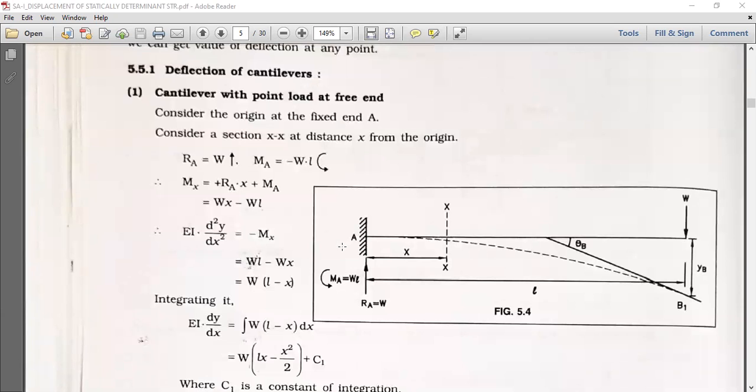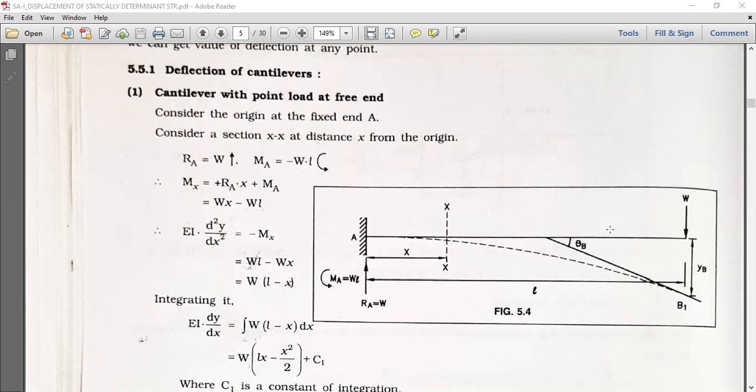Further, deflection of cantilevers. There are different types of cantilever beams with different types of loading. Now we can take a cantilever beam with a point load at the free end, as shown in figure 5.4. Here we can see a cantilever beam AB.